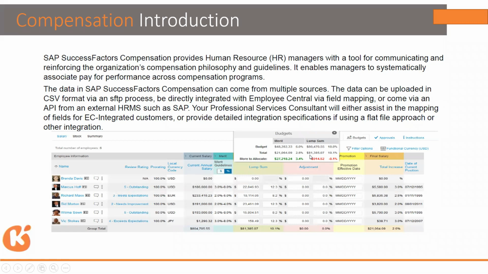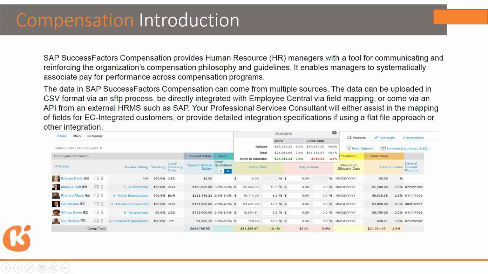Whenever it exceeds, like here the total has exceeded to 81,385, so it has exceeded by $914, it shows you in red color. You will know that the budget has exceeded and you need to reduce it.